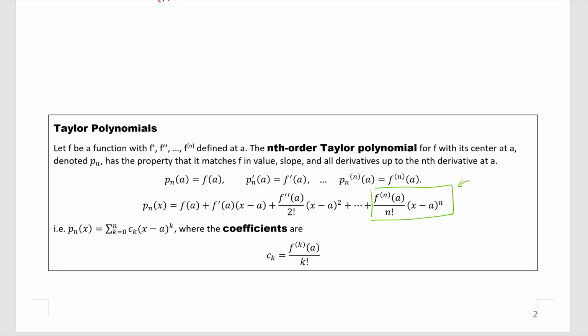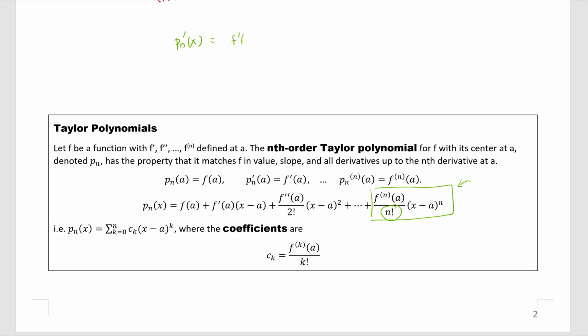Okay, so last time we saw why we have a 2. We have a 2 because when you differentiate this, we have 2 times x minus a, so that 2 can cancel with that. And so the n factorial actually takes care of that. Because if we look at the nth derivative, when you take the first derivative, let's do it here. p n prime of x. When you take the first derivative, the constant term f of a is gone.